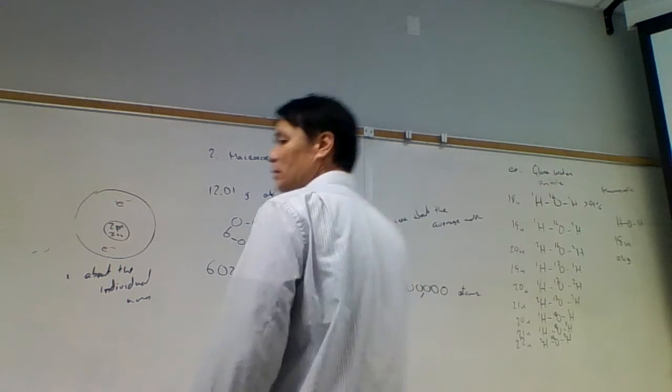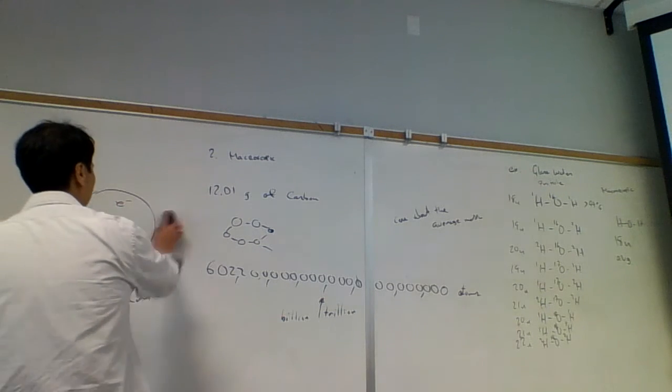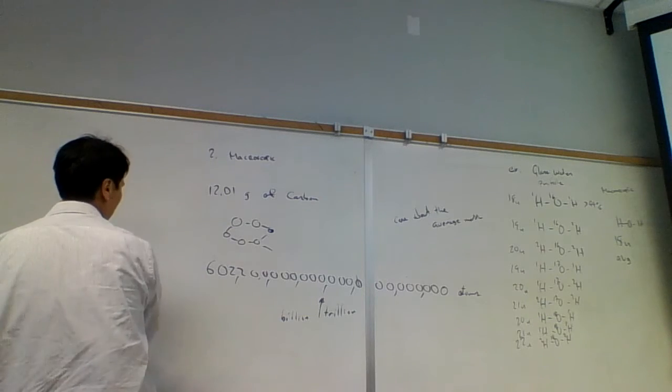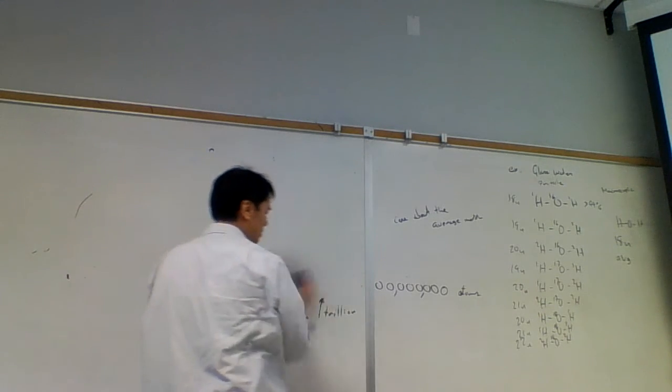Do I have the data for neon? No, I don't. Let's do oxygen. I have the data for oxygen. Oxygen has 3 isotopes, so I can't use this visual method here.